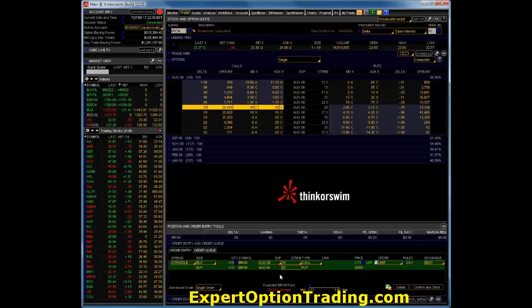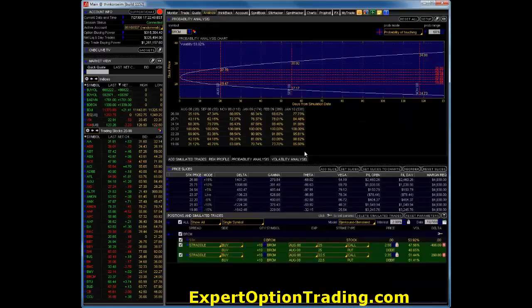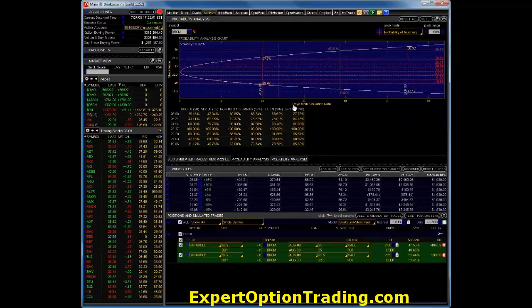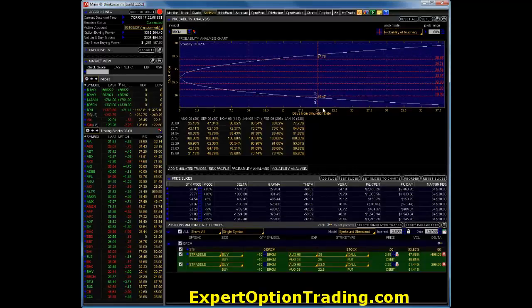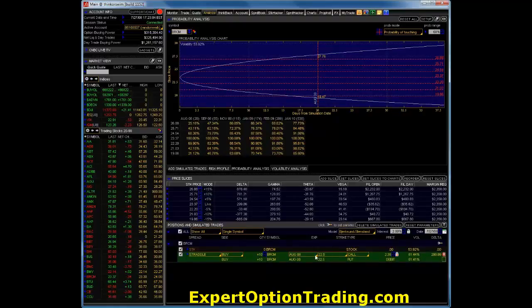If we go down to the 20, it's a little bit more expensive. So let's go with the $22.50 at $2.35. Let's go ahead and analyze that as a duplicate trade. And we'll stretch this out so that we get the most recent August expiration so we can determine our range. We're going to use the $22.50 straddle for $2.35.